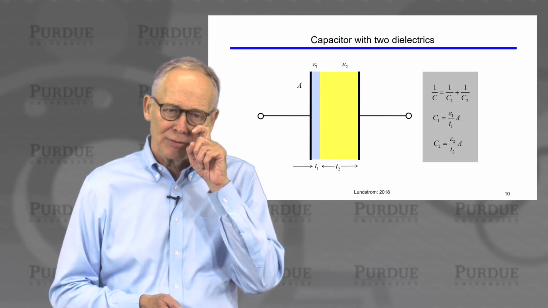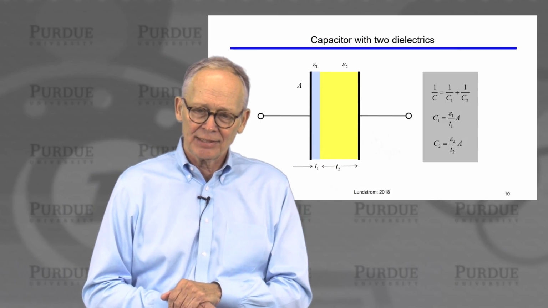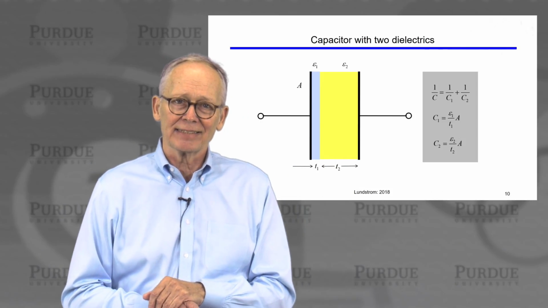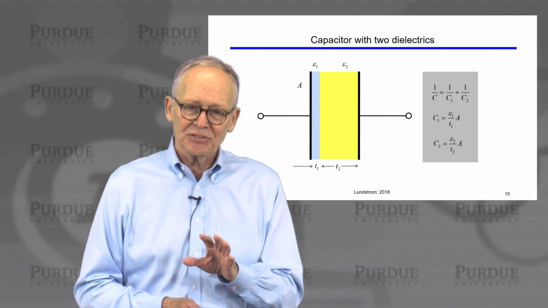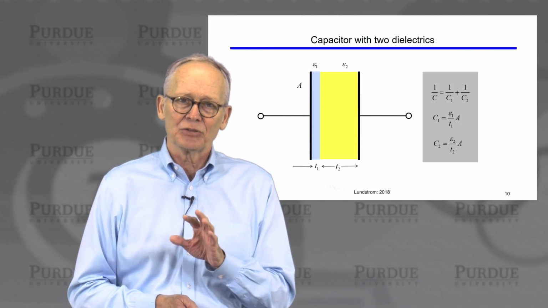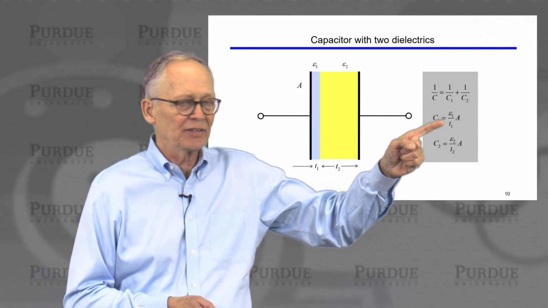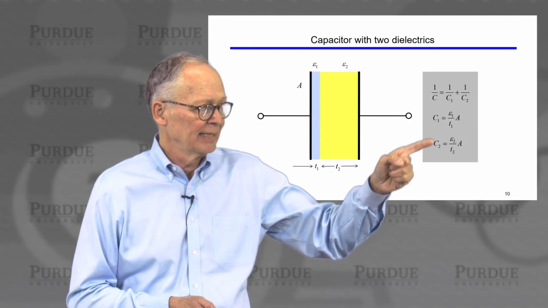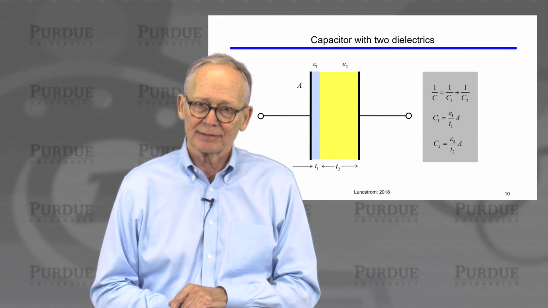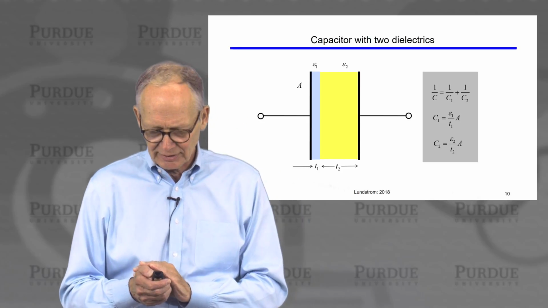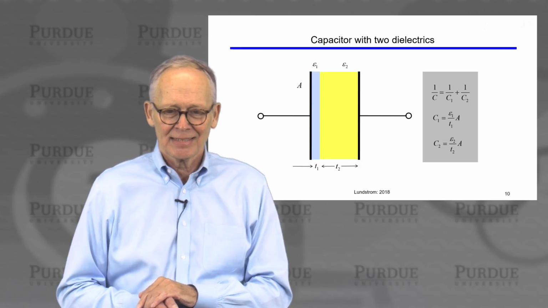Okay, now what happens if I have two materials between the plates? Well, this is an interesting little problem in electrostatics that you might take a look at. I'll just give you the answer. The answer is that this behaves as though we had two separate capacitors in series. One that just had the first material between two plates, and a second that just had the second material between the two plates. So that's something you can show with some elementary electrostatic analysis.